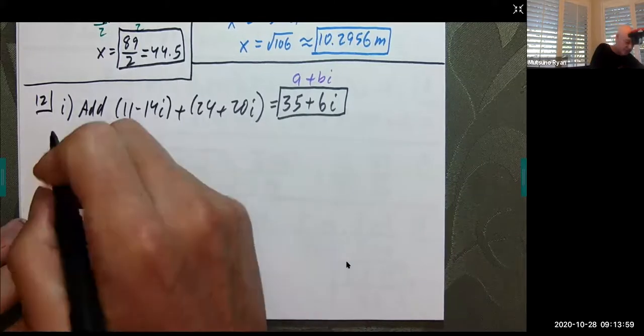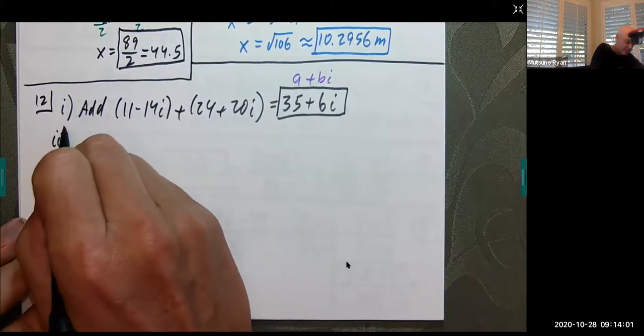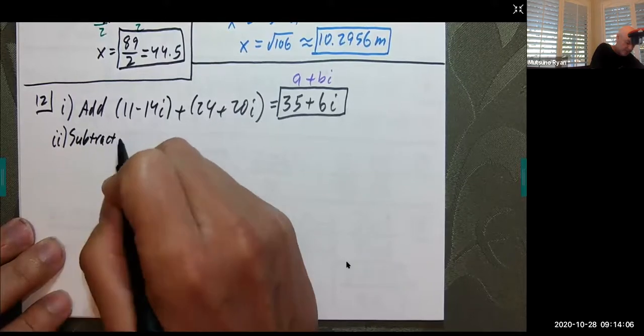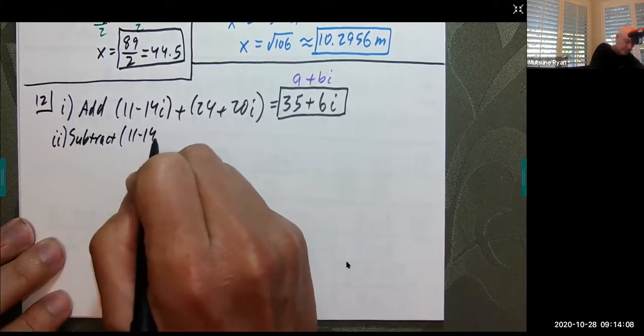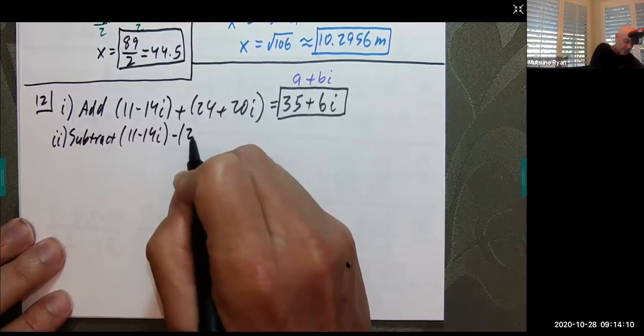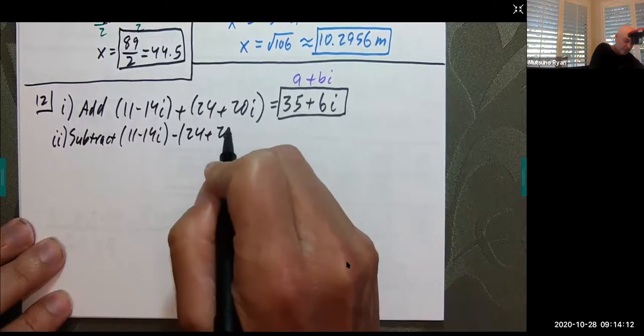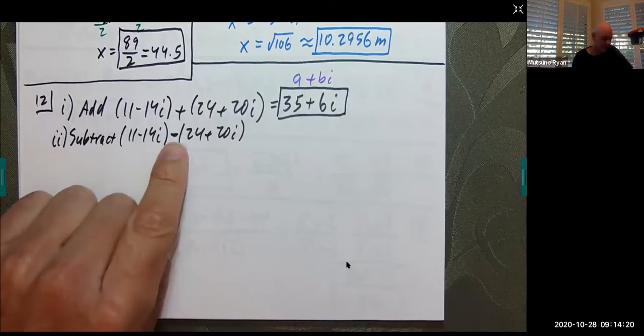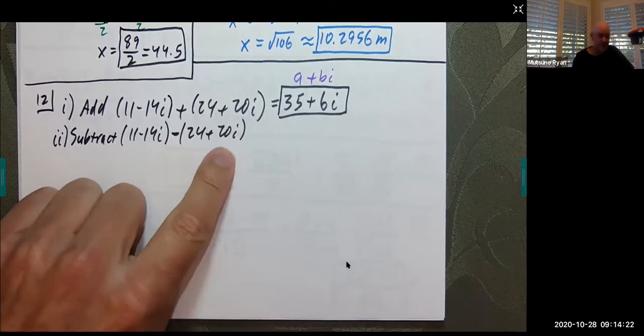The second part of this is subtract. And this is slightly more complicated, not much. But here I'm going to distribute the negative. So the parentheses do matter in this case.